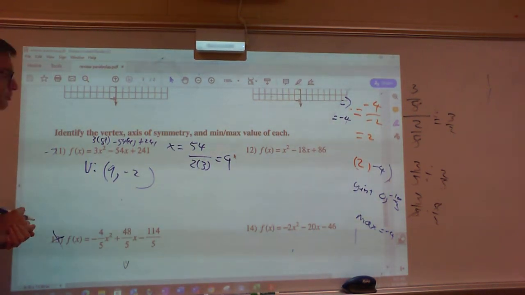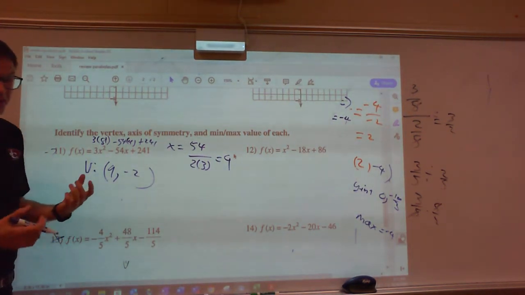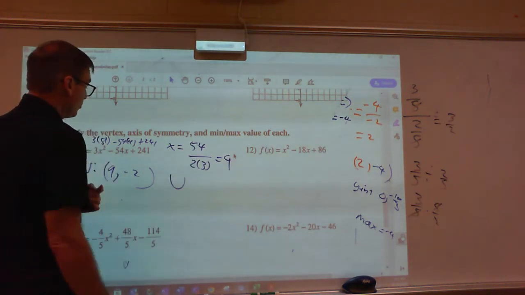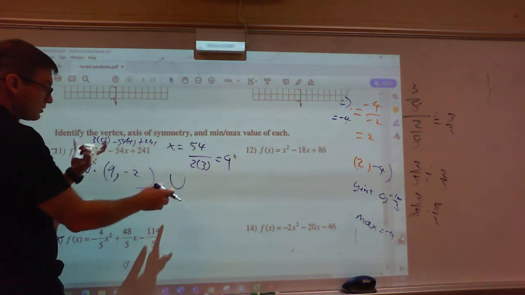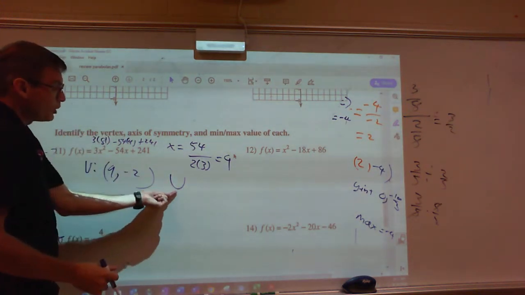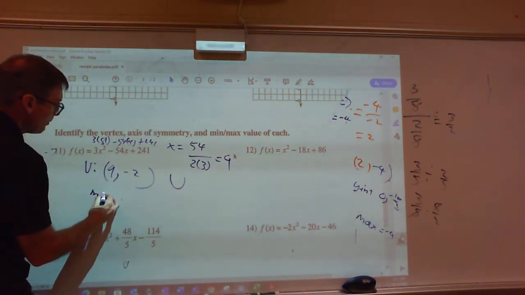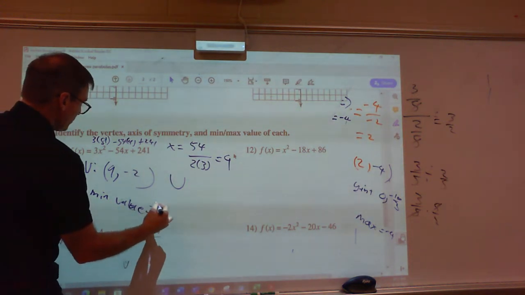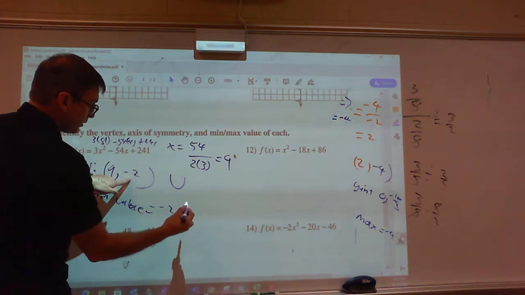And once you find your vertex, all you really need to do is have an idea of what's going on. If I look at this, I see I've got a parabola turning up. Since my parabola is turning up, I know that I've got a minimum value, so my minimum y value is negative 2.